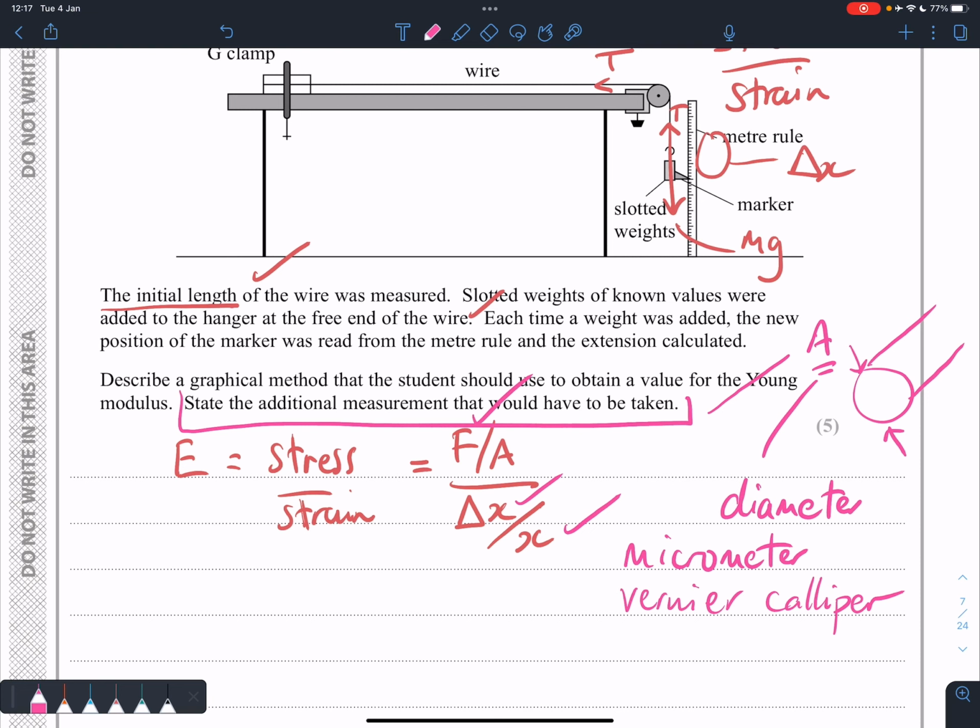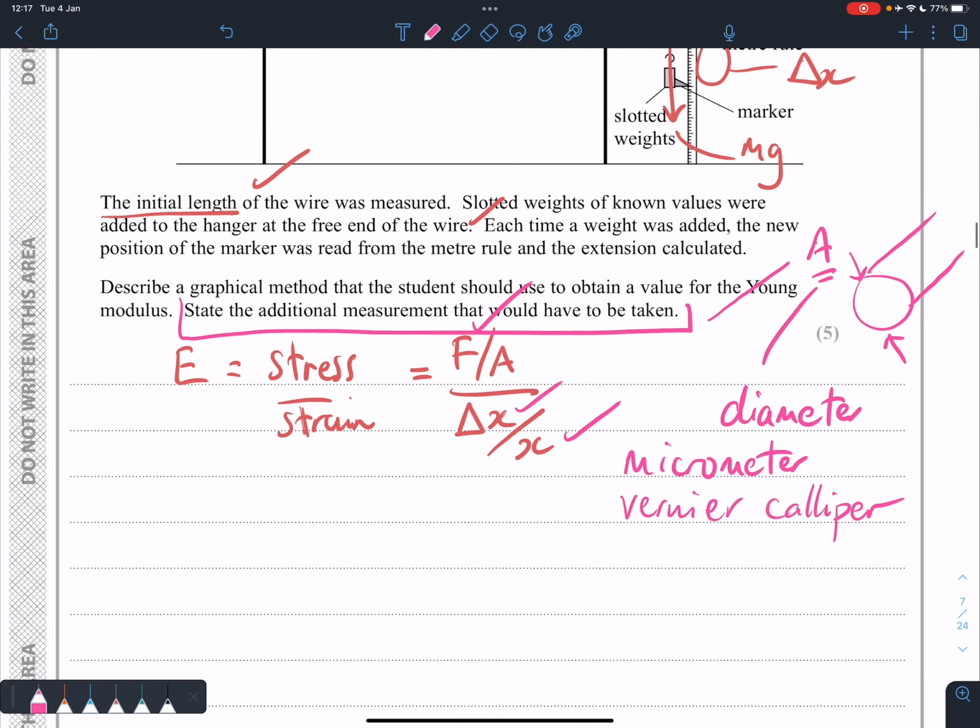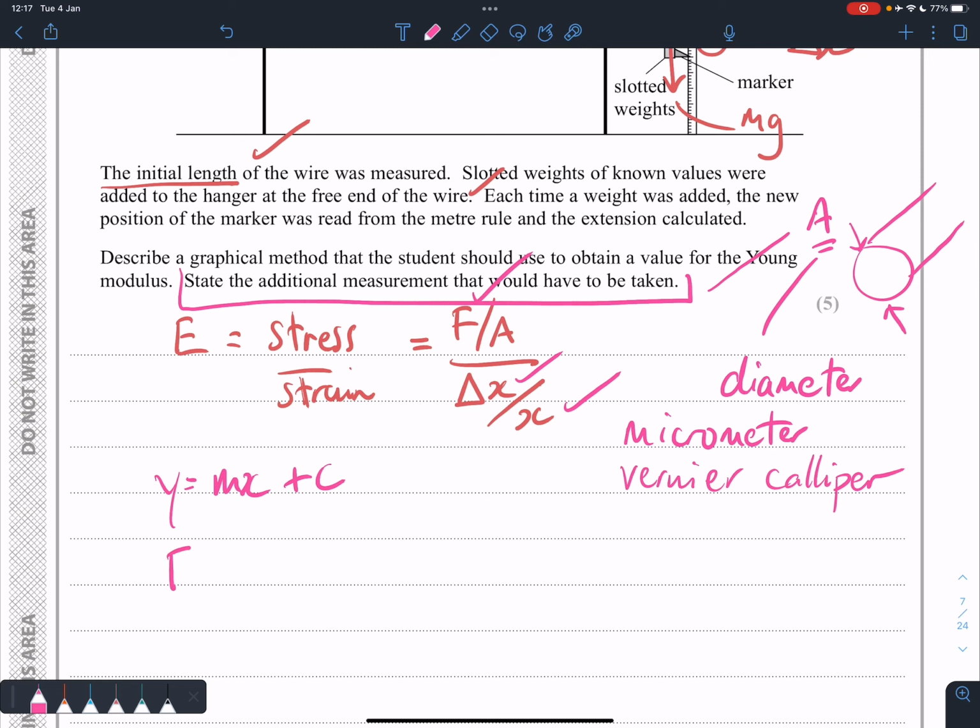And describe a graphical method. Well, what you need again with the graph is something like y equals mx plus c. And we are going to try and work out what E is. So Young's modulus is equal to F over A, if you like, times x over delta x.